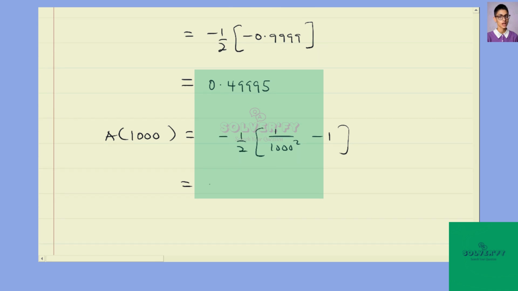So that is negative 0.5 times the whole thing in there, negative 0.999999, times 0.5.